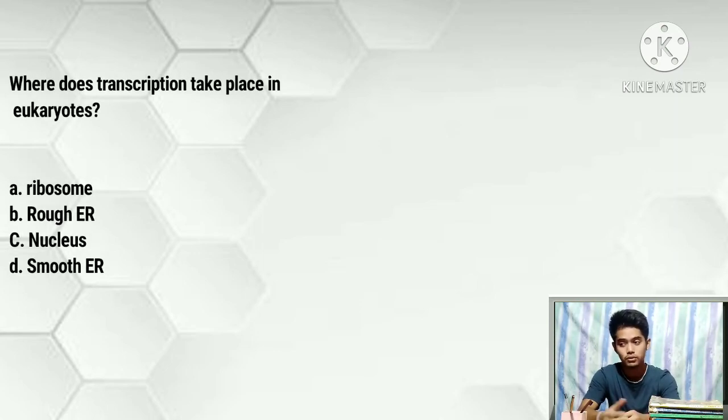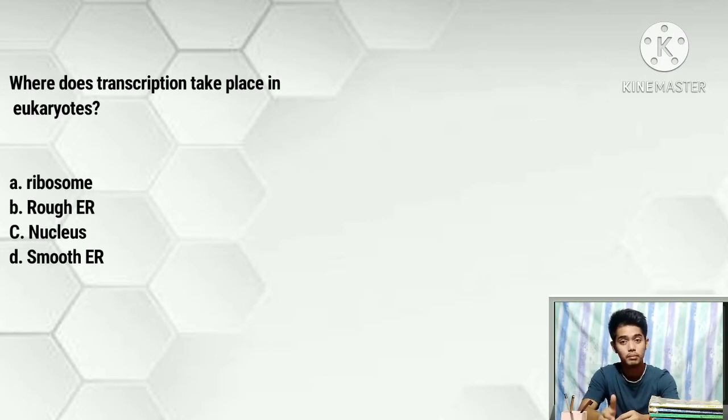So we have a question right here. As a sort of review, the first question says, where does transcription take place in eukaryotes? Go on and pause the video to study where this takes place in a eukaryotic cell.